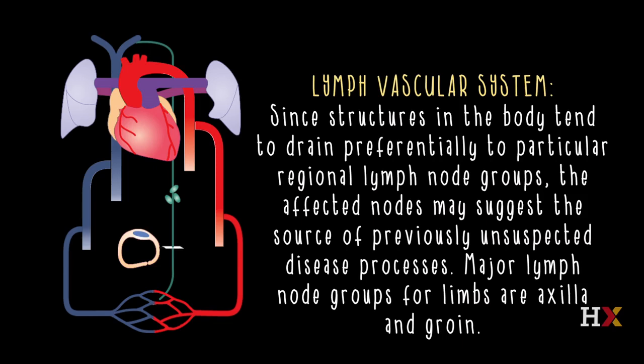And they can also help point to a source of infection or disease that may not otherwise be obvious. So the particular location of enlarged lymph nodes may give an indication of the presence of disease somewhere else.